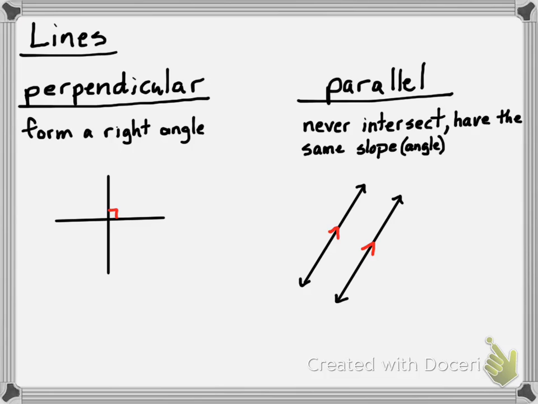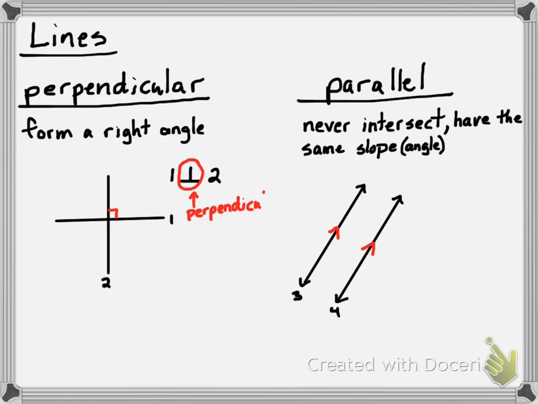Alright, so I'm going to number these lines. I have line number 1, 2, 3, and 4. Now, we have to be able to write that these lines are perpendicular and parallel, and read them. Okay, so the way we write perpendicular looks like this. Line 1 is perpendicular to line 2. This is the symbol for perpendicular.